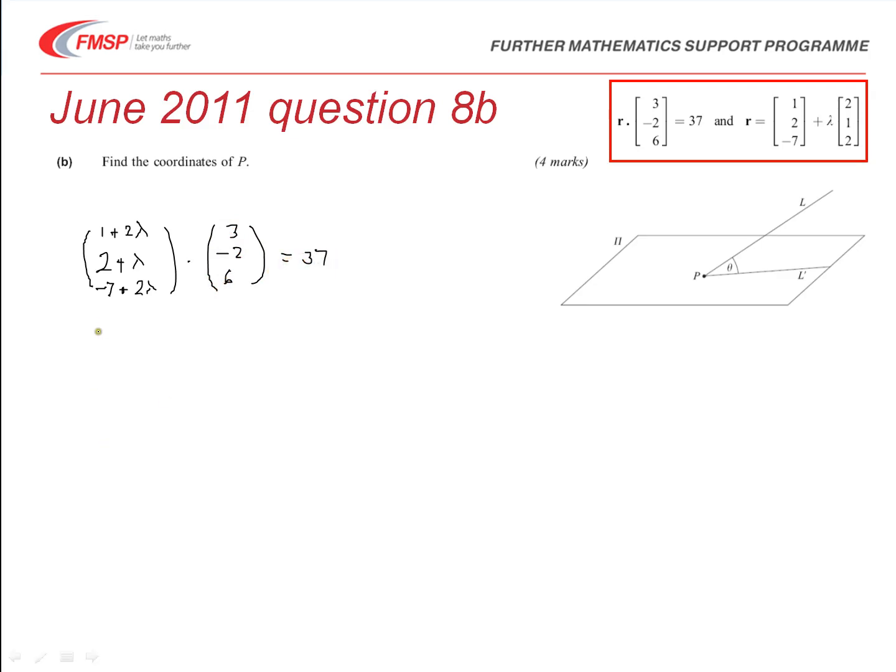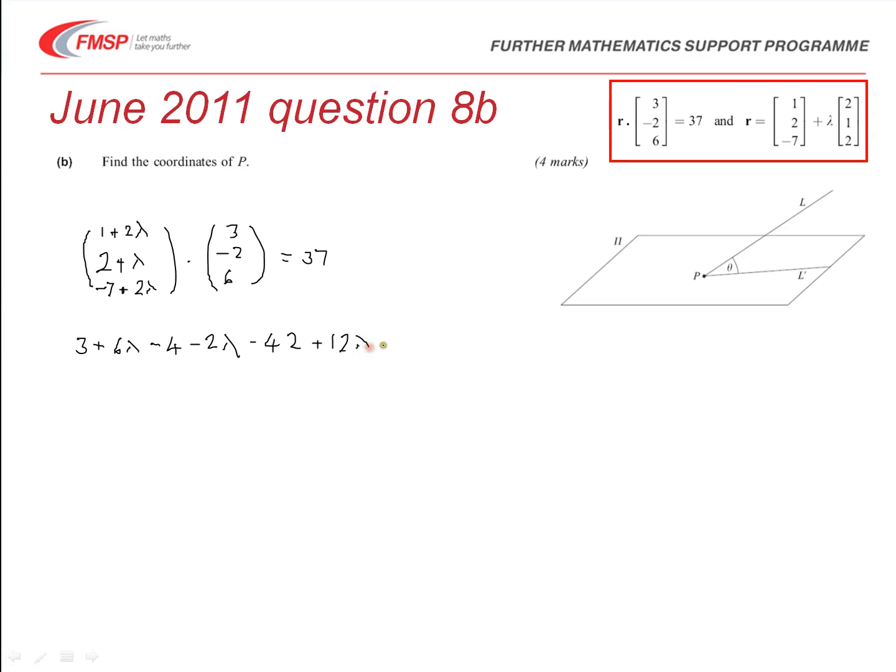Working out the scalar product on the left hand side, we have 3 times the 1 plus 2 lambda, which gives you 3 plus 6 lambda. Then negative 2 times the 2 plus lambda, which gives you negative 4 minus 2 lambda. And then 6 times the negative 7 plus 2 lambda, so that's negative 42 plus 12 lambda.